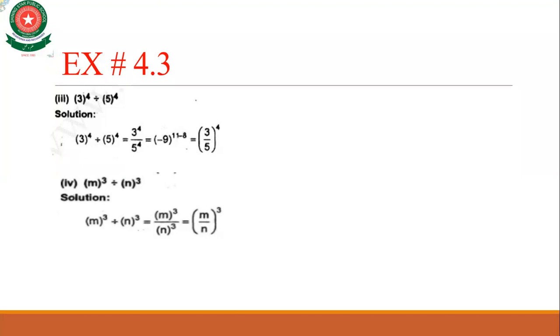So by using this law, when you solve the equation, m power 3 divided by n power 3 is equal to m power 3 over n power 3. Now we know that both the exponents are the same, so we can write it in the form of (m over n) power 3.